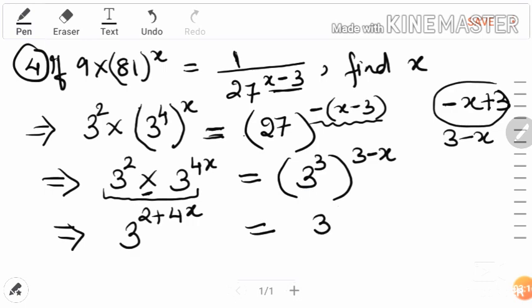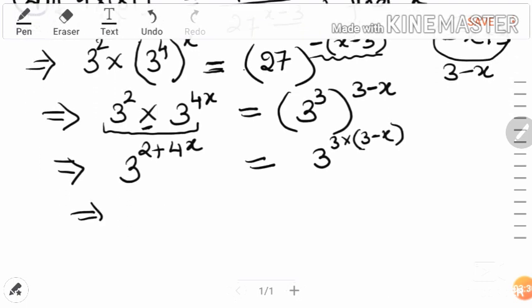So this will be written as 3 to the power 3 into 3 minus x. Keep 3 minus x in the bracket because this is one expression. So this implies 3 to the power 2 plus 4x is equal to 3 to the power 9 minus 3x.